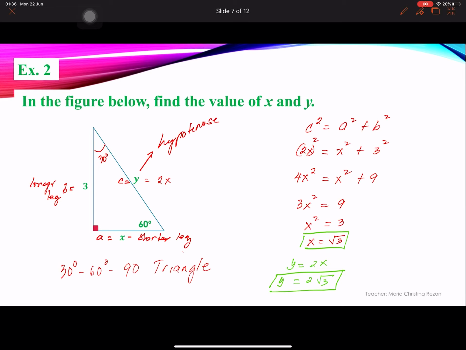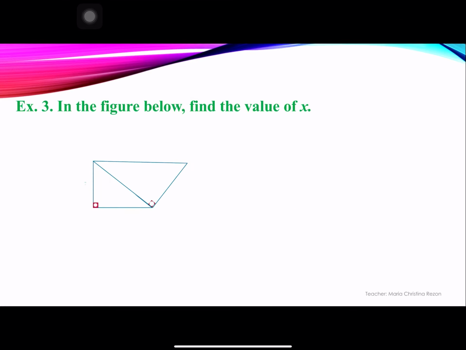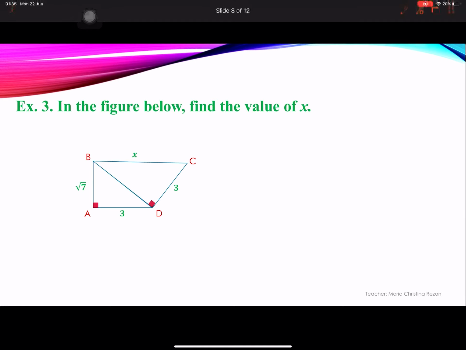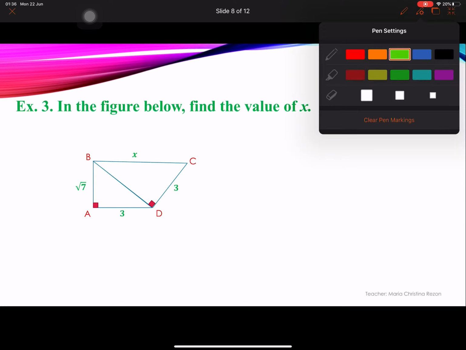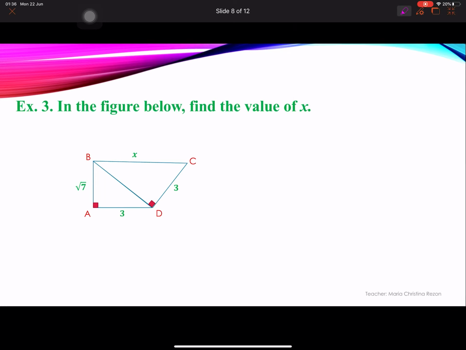Then let's have the third example. If you study the figure, you can see two triangles. One is triangle ABD.